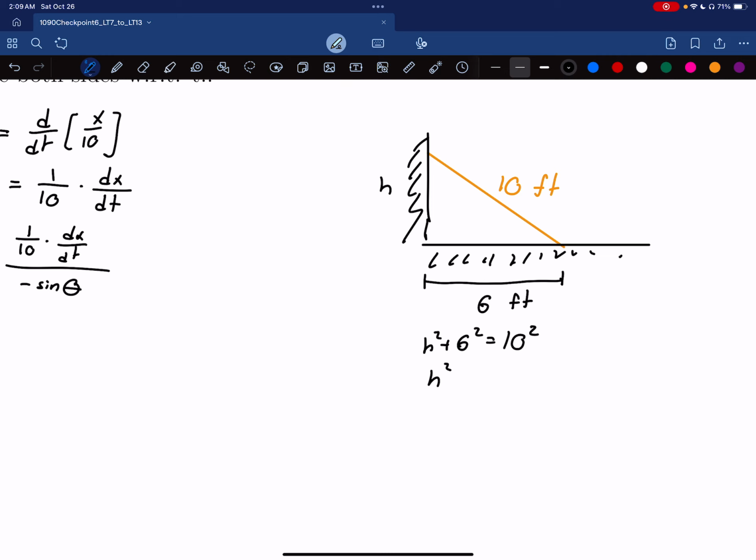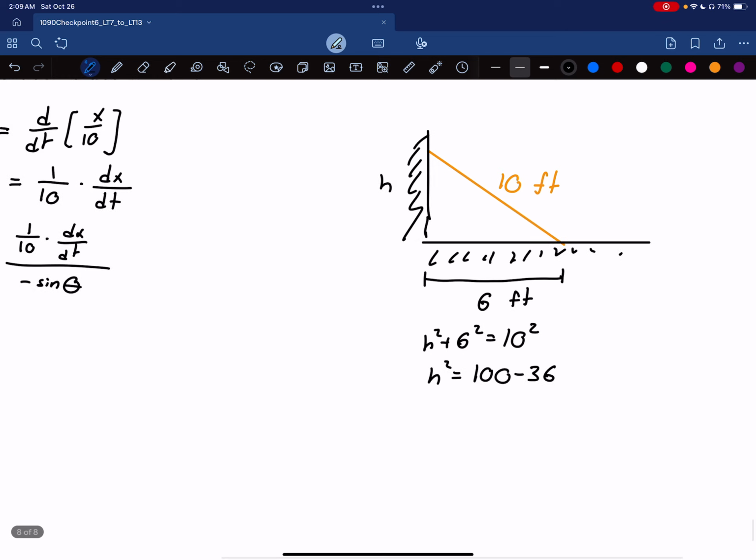So h squared is equal to 100 minus 36. h squared is equal to 64. So h is just equal to 8. I'll replace that. And that little h is not to be confused with the hypotenuse. h just represents the height in the context of this problem.